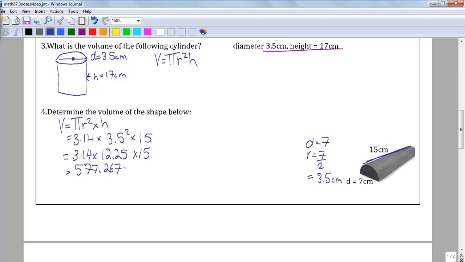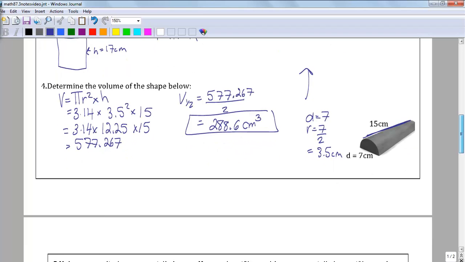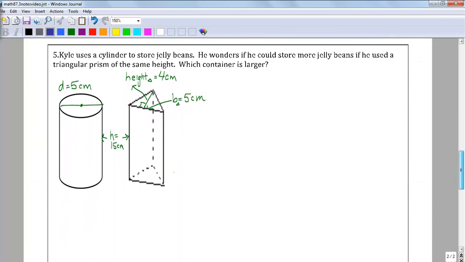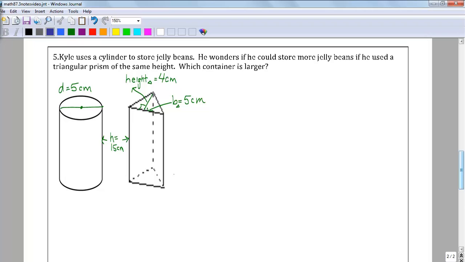Now, that's the volume for the whole thing. So the volume for half of it is going to be 577.267 divided by 2. And your final answer is 288.6 centimeters cubed. Not too bad. Okay, don't forget to do this one up here. And let's take a look at the very last question.